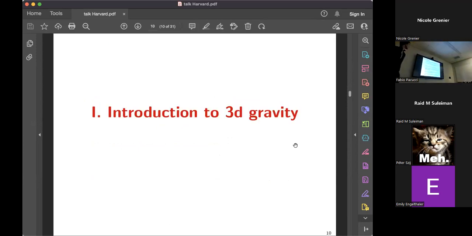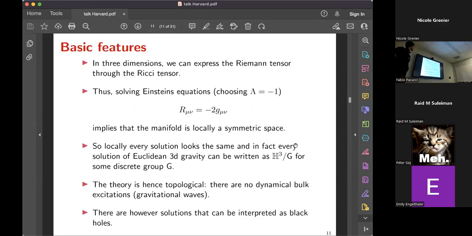Okay, so some of these things I already said. In 3 dimensions, we can express, and I should say that here I'm mostly talking about Euclidean signature, we can express the Riemann tensor through the Ricci tensor. And so if you try to solve Einstein's equation, that in units where lambda is -1 look like this, then they imply that the manifold is a locally symmetric space. Being a locally symmetric space means that the covering space, the universal cover, is a symmetric space.